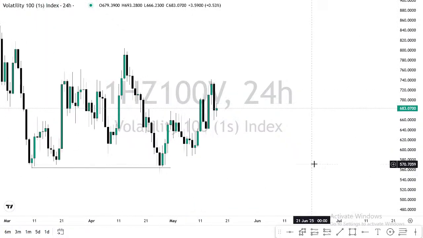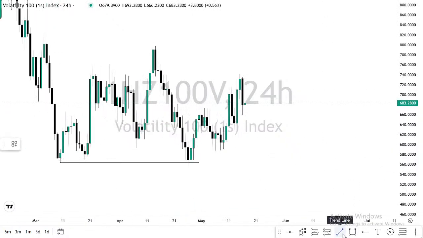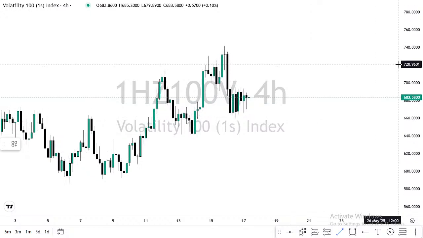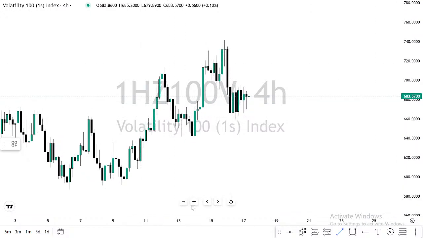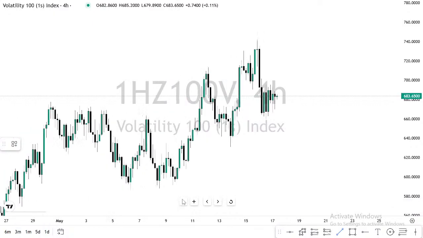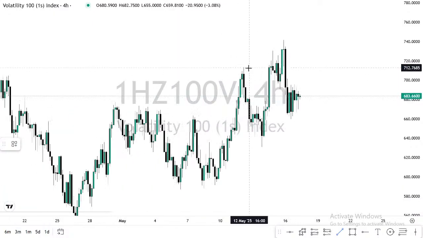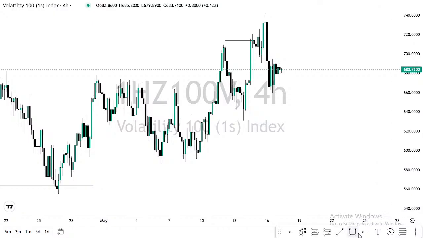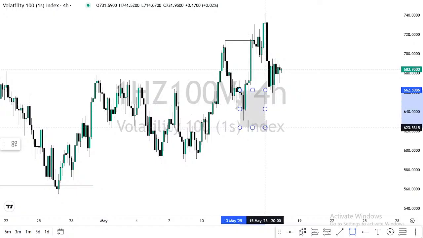Where is our last area of BMS on 4 hours time frame? Okay. This is our last area of BMS. Point of interest.